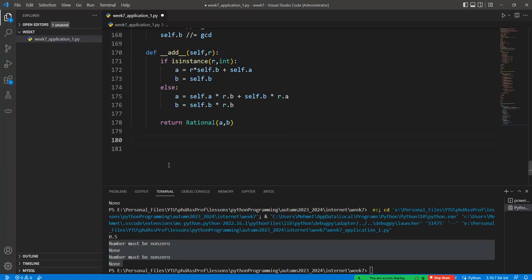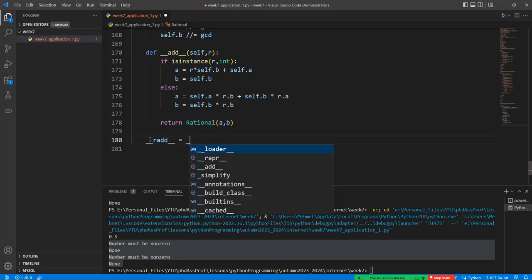And also we can add the radd, which means that we have the rational number at the left-hand side or the right-hand side. This radd, the reverse add, means that we can take the parameter at the right-hand side with the left-hand side, so this is the reverse order operation, okay?